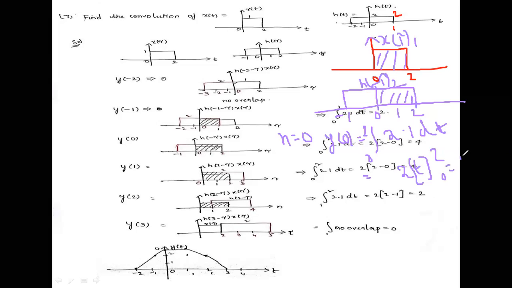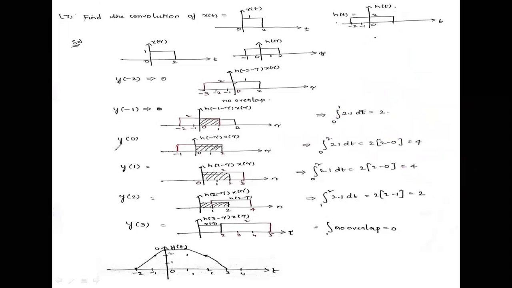The value is 2 minus 0 into 2 is equal to 4. When n is equal to 0, y of 0 is 4. When n is equal to 1, h of 1 minus tau.